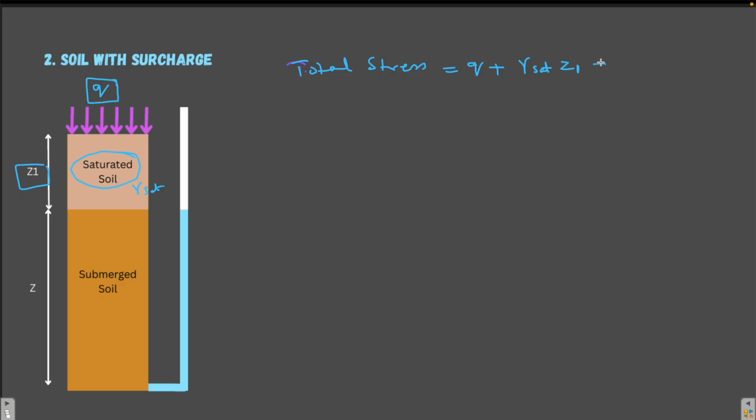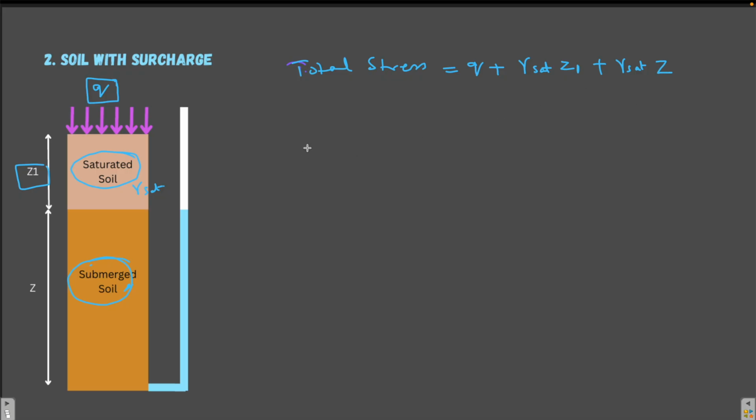Plus this soil is also saturated, submerged plus saturated, right? So the unit weight of the soil will again be the saturated unit weight, up to depth Z. So this is the total stress acting.